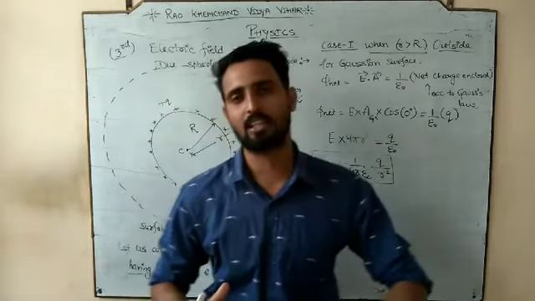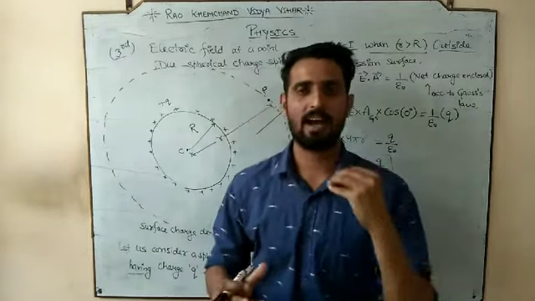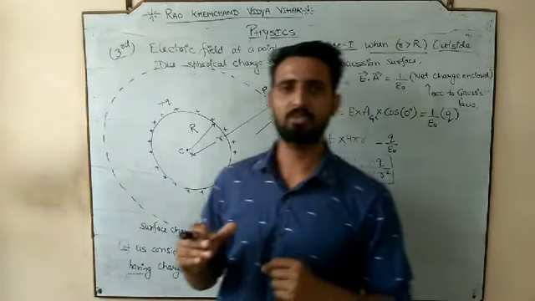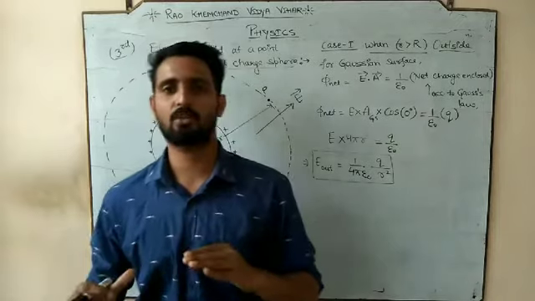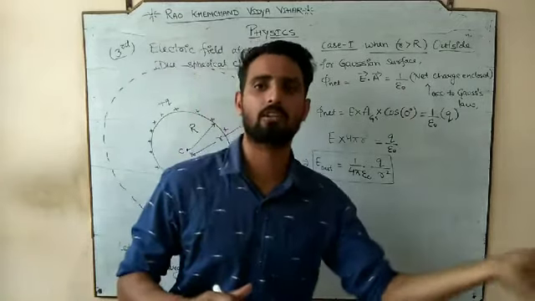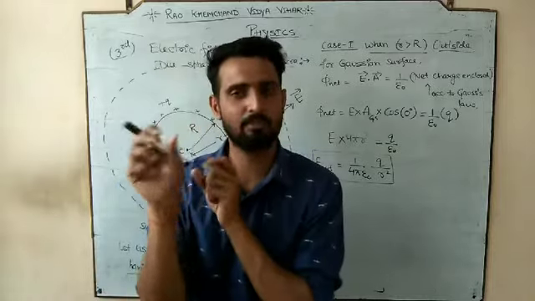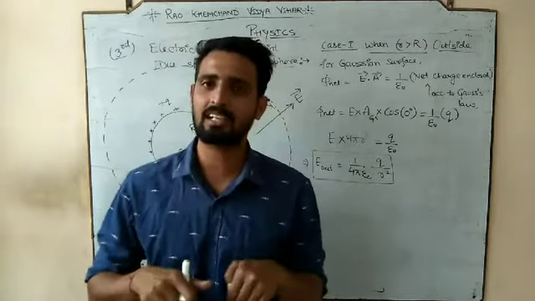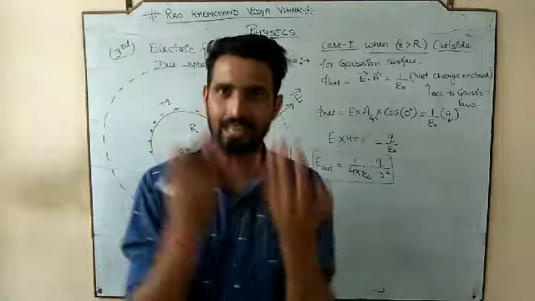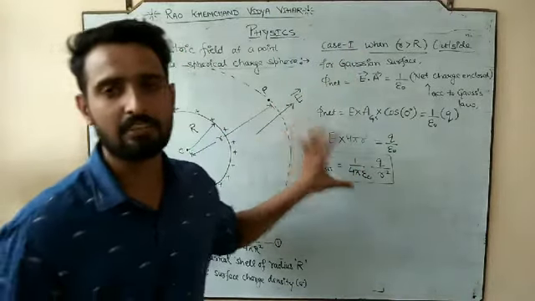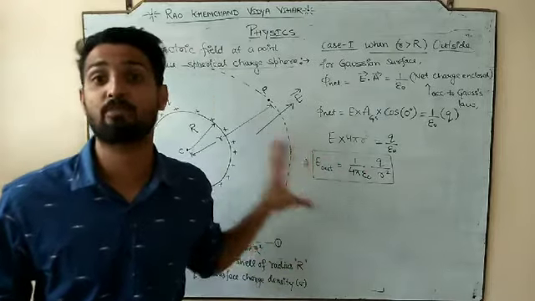If you understand the concept, that numerical is going to be the easiest one compared to your regular numerical. There are such types of numericals in this lecture, and for that type of numerical, this method of calculating the electric field is going to be very helpful.